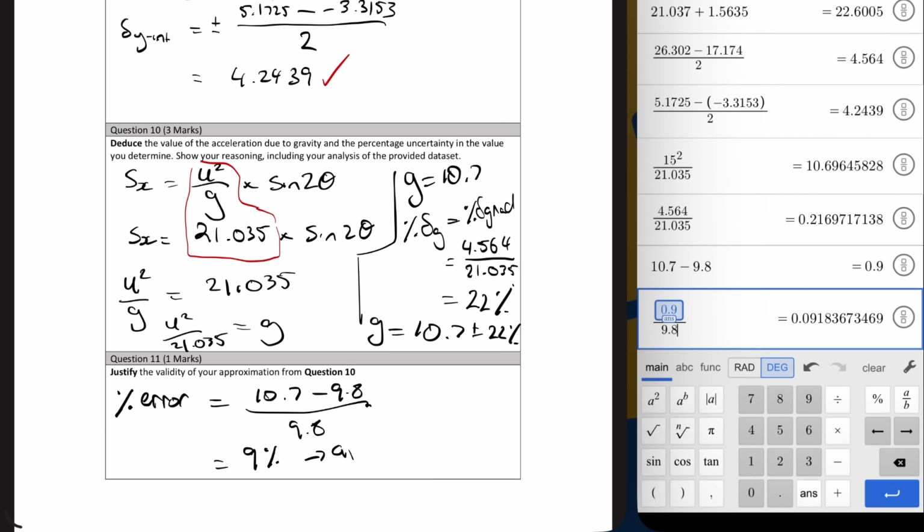So I'd say the approximation is reasonably valid. And most schools use sort of a plus or minus 10%, it's valid if it's within 10%. Just consult with your teacher to make sure you're in line with what they want.